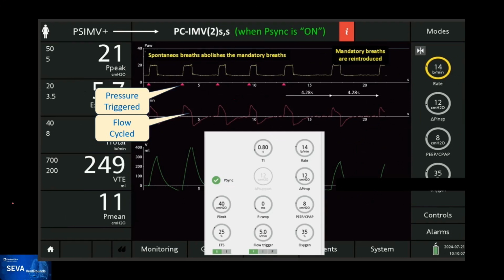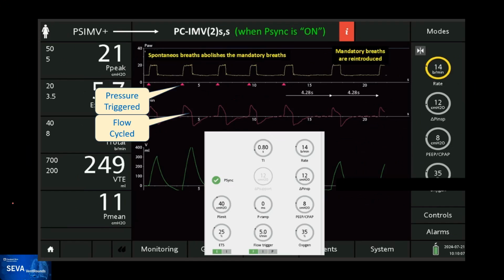The goal of safety is served by guaranteeing a minimal respiratory rate. But the main intention of this mode is to transfer the patient automatically from mandatory to spontaneous breaths, so we can remove the set inspiratory time in favor of a variable inspiratory time. So we serve the goal of comfort and safety at the same time.